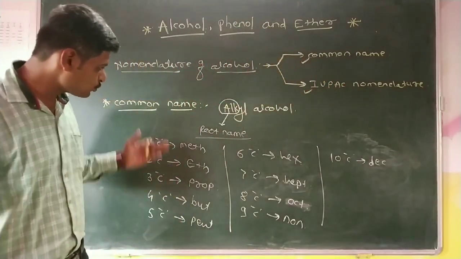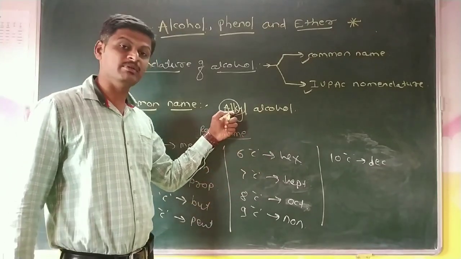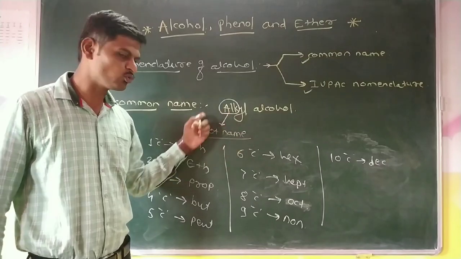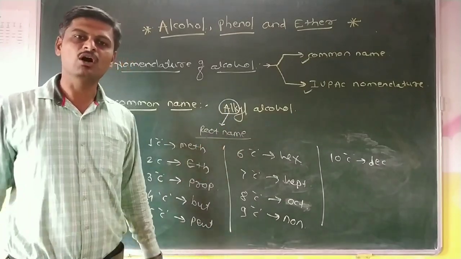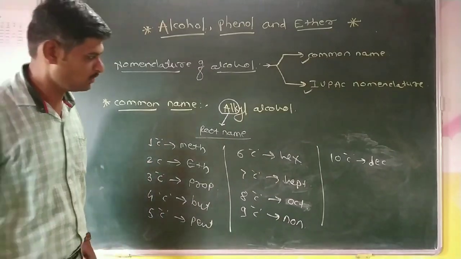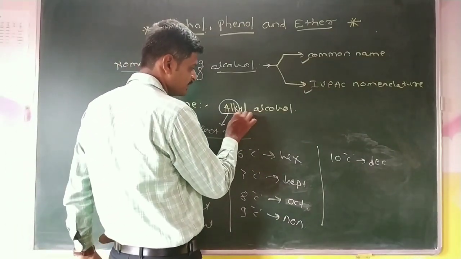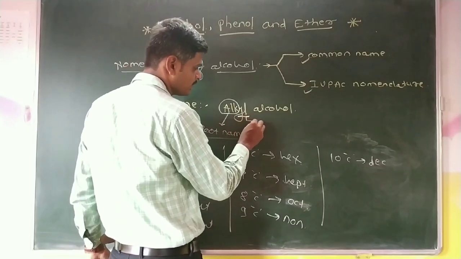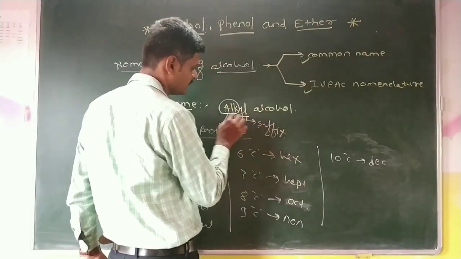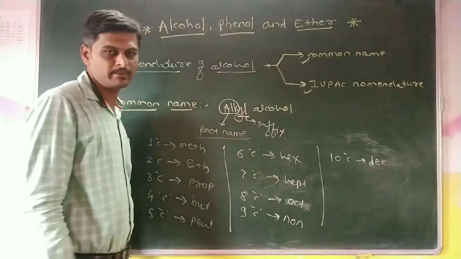By using these root names, alk means root name, and this root name depends on how many carbon atoms are present in a molecule. After that, yl is a suffix. This suffix is written after the root name.